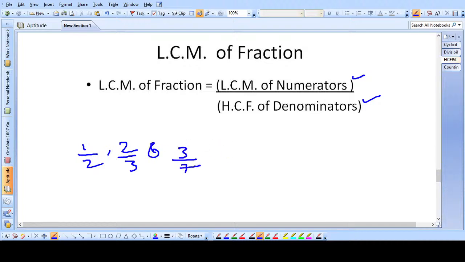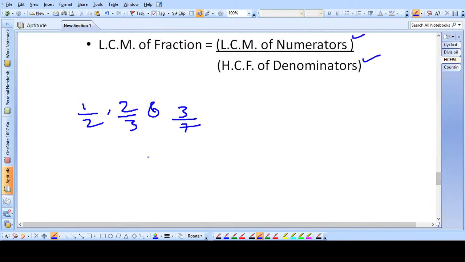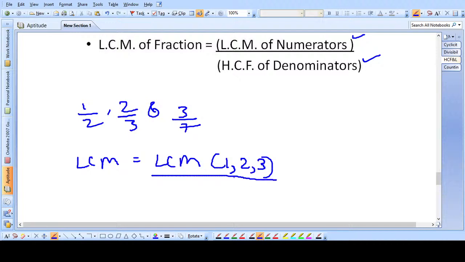So let's find the LCM of the fractions. We have to do the same thing: LCM of the numerators. What is in the numerators? 1, 2 and 3. And what is in the denominators? HCF of the denominators 2, 3 and 7.